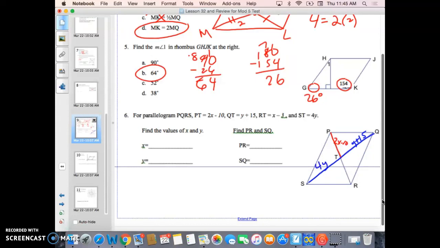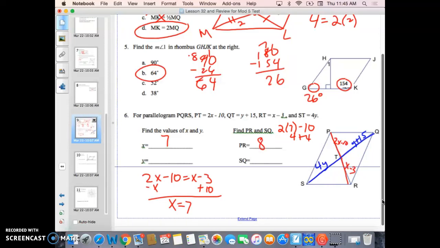And this part right here is x minus 3. So what I know is that the reds are congruent and the blues are congruent. So to find x, I'm just going to say 2x minus 10 equals x minus 3. Subtract x, and I'm going to add 10. So it looks like x equals 7 here. And if I want to know what PR is, well, I'm going to do 2 times 7 minus 10. That's 14, that's 4. And 7 minus 3 is 4. So 4 plus 4 is 8.